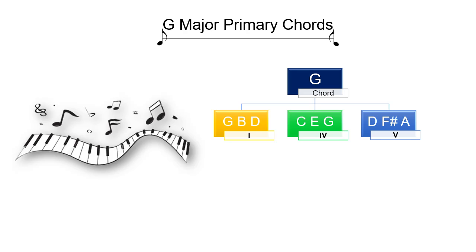Okay, and then the chord 5 also for the G major scale, we have our D followed by F sharp, then A, because F sharp is the 3rd.